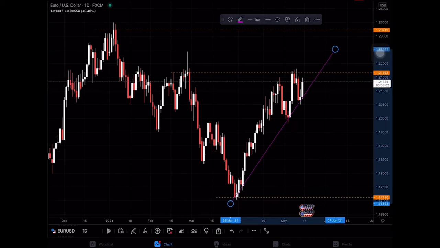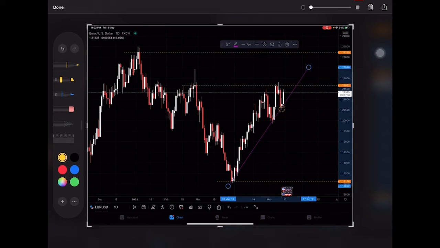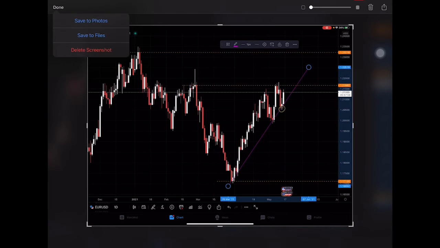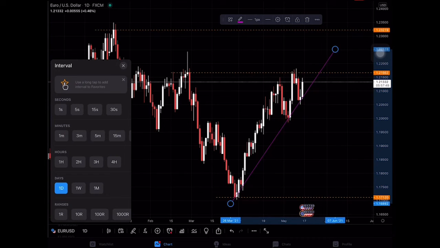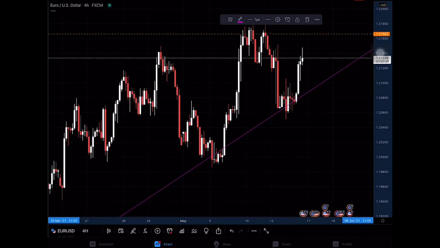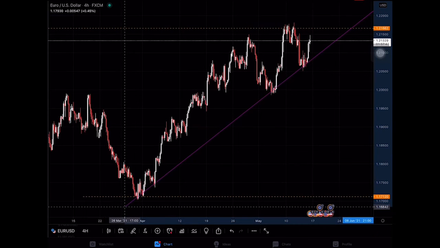Okay, but Uncle already told you this is a daily time frame. All of this extra will make you guys floating. So we go one time frame lower. There is the 4 hour. Adjust a bit to be more precise.